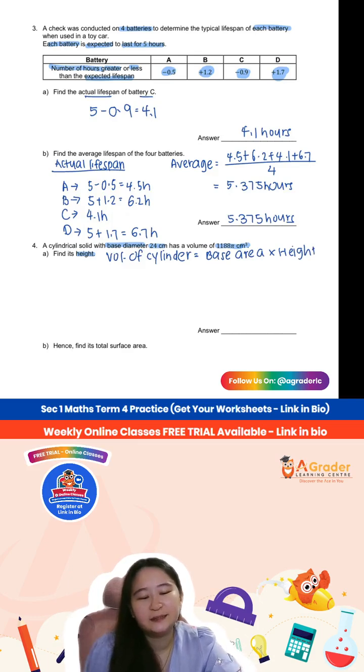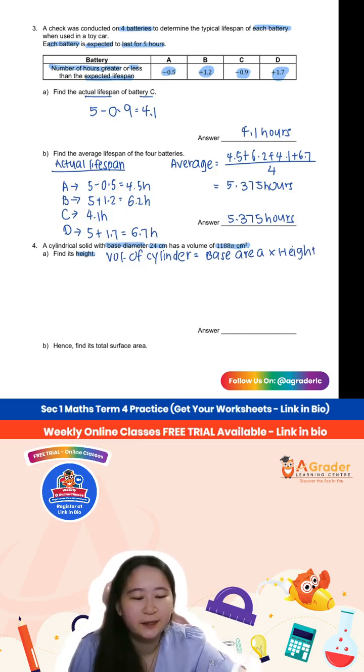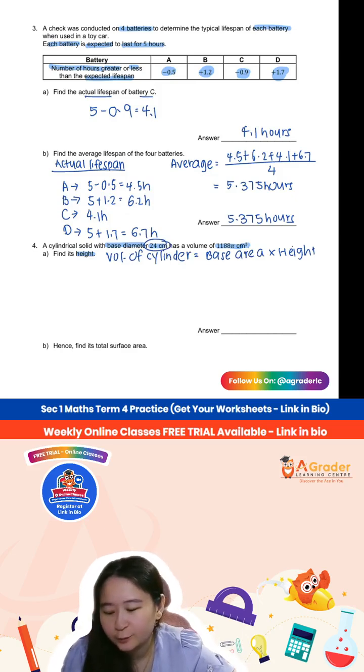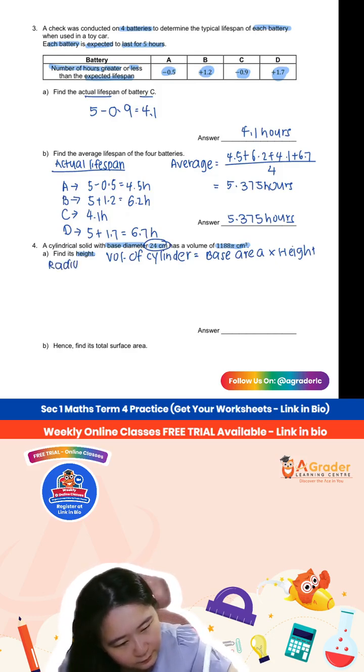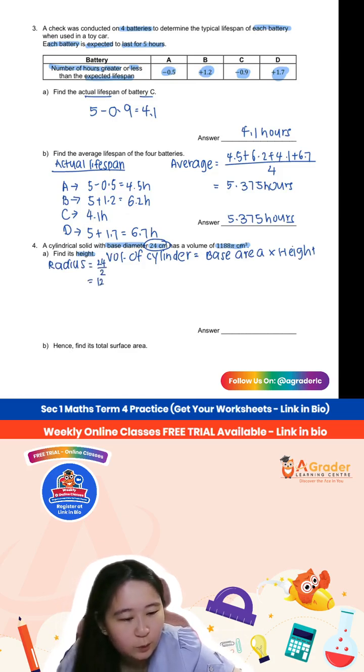And the base area is the area of a circle. They give you the diameter, so you have to change it to radius, yeah? So radius will be 24 divided by 2, 12 cm.